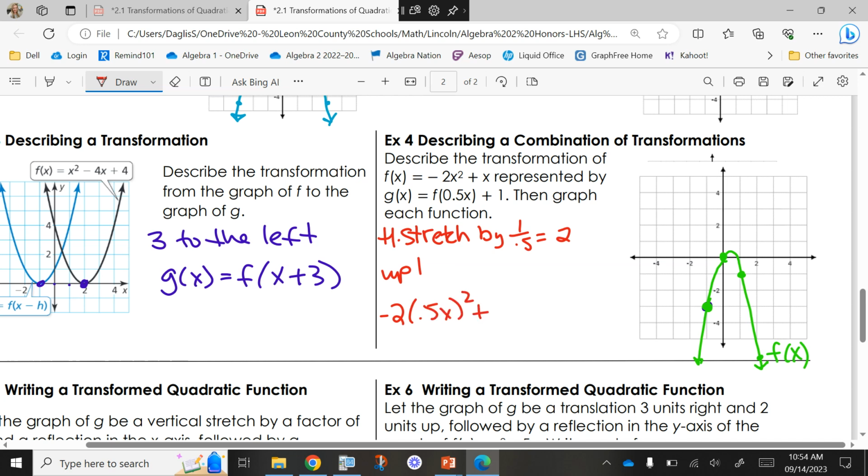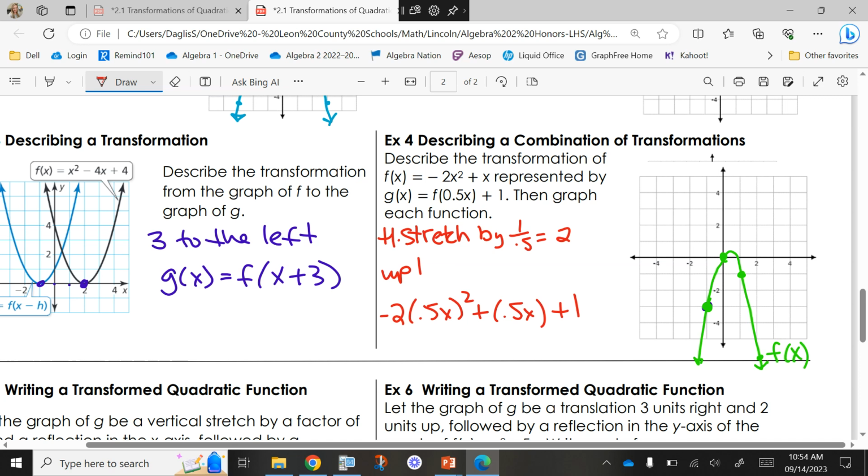Not plus x anymore. Now it's plus 0.5x. And to do up 1, we're just going to add 1 on the outside. At this point, I'm not going to make you multiply and distribute and combine like terms. We can graph that exactly as it looks.